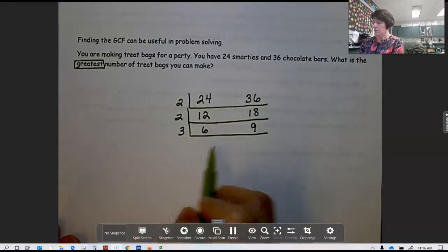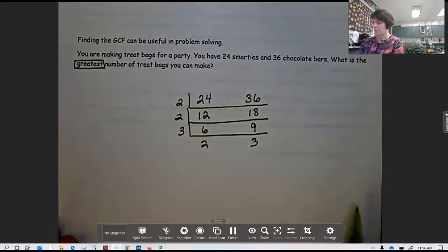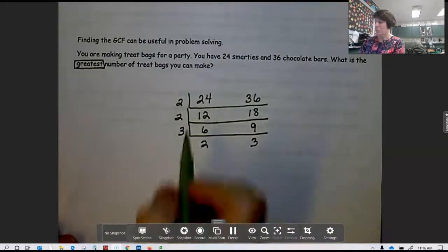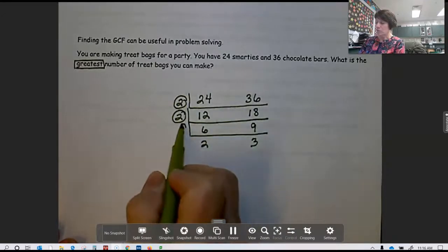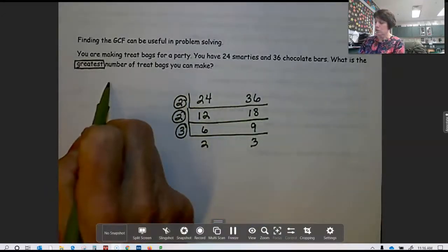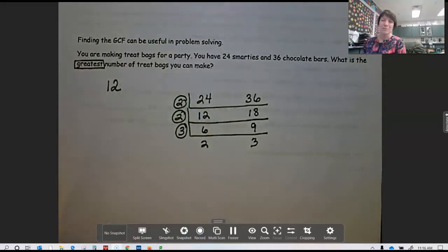So 3 divides into 6 2 times, and 3 divides into 9 3 times. These are both prime, so we can't divide those up anymore. We're going to take 2 times 2, which is 4, times 3, which is 12. So the biggest number of treat bags that we can make is 12, so that we have the same number of Smarties and chocolate bars in each one.